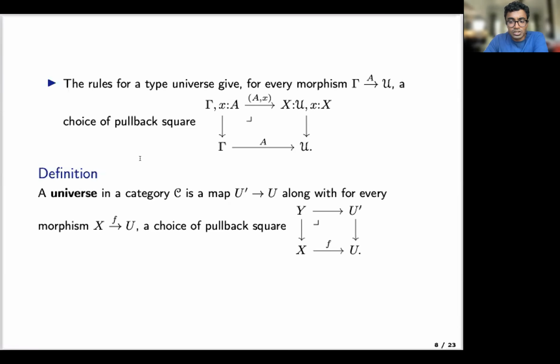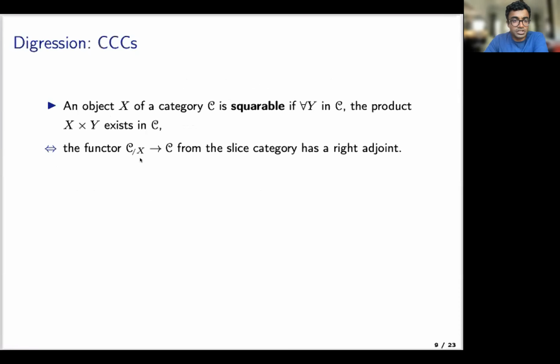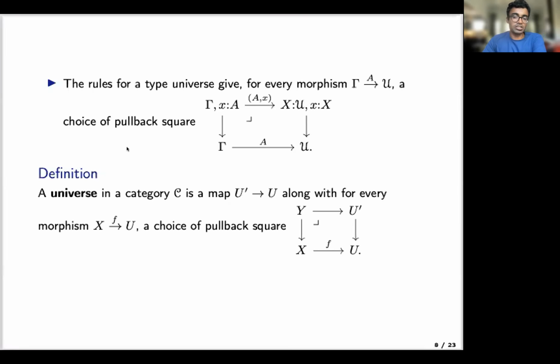All right, so any questions up to now? All right, script U is an object in that diagram, meaning it's a context, yes, but it's also a type. So it's a context of length 1.